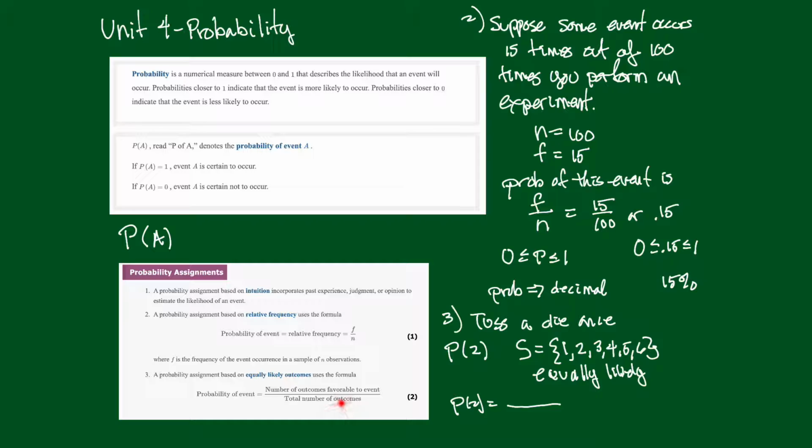What's the total number of outcomes here? Well, here's what could possibly happen. You could get any one of these 6 outcomes. So total number of outcomes, 6. And the numerator is the number of outcomes favorable to our event. Now, our event is getting a 2. There is only one way to get a 2.